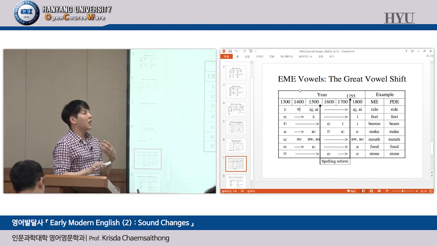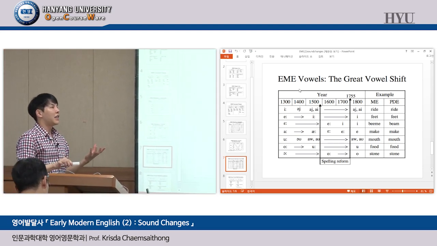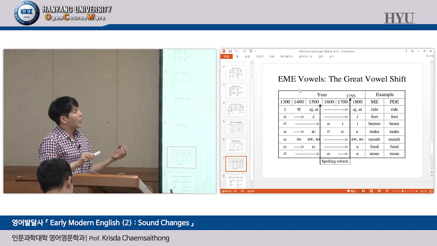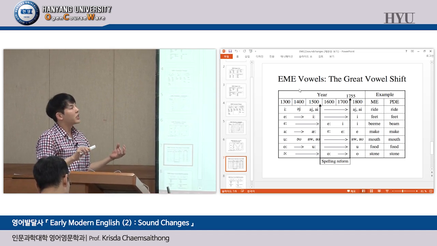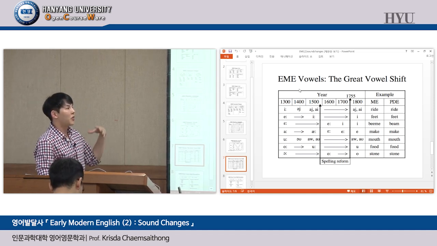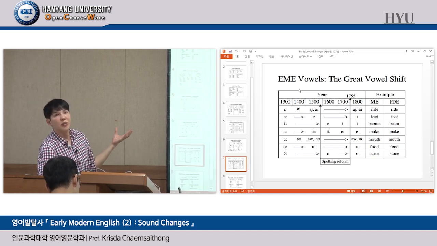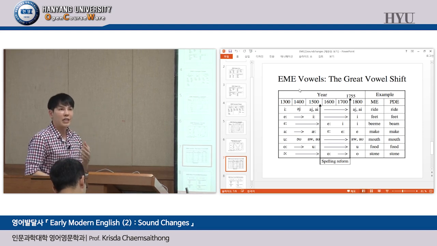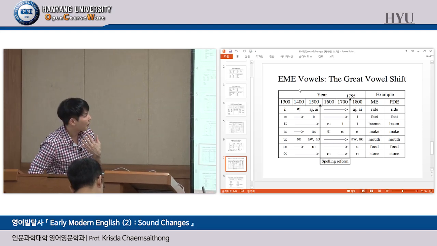So basically, we are writing things that people no longer pronounce since 1400. So we are still writing things that people no longer speak, in other words. So there is no one-to-one correspondence between sound and spelling in English because of that reason.